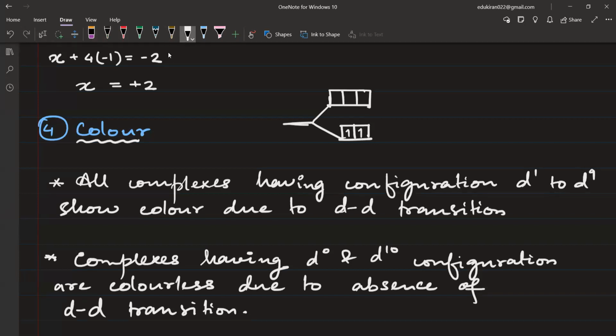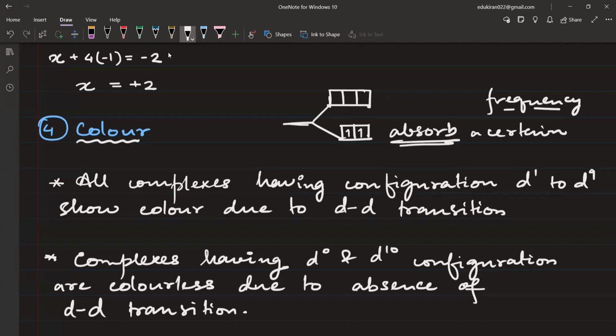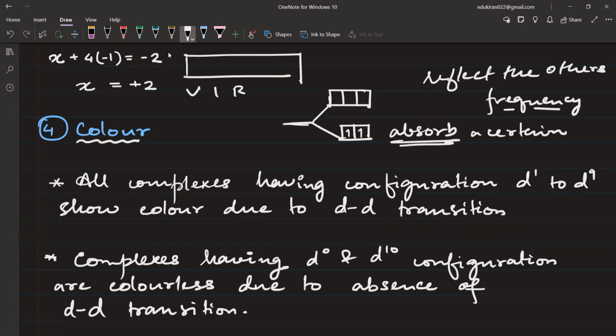Also, one more thing. Whenever you strike anything with light, these particular electrons are going to absorb a certain frequency, and if they absorb a certain frequency, they will reflect the others. ठीक है, तो मान लीजिए आपके पास VIBGYOR है, right? White light has VIBGYOR.